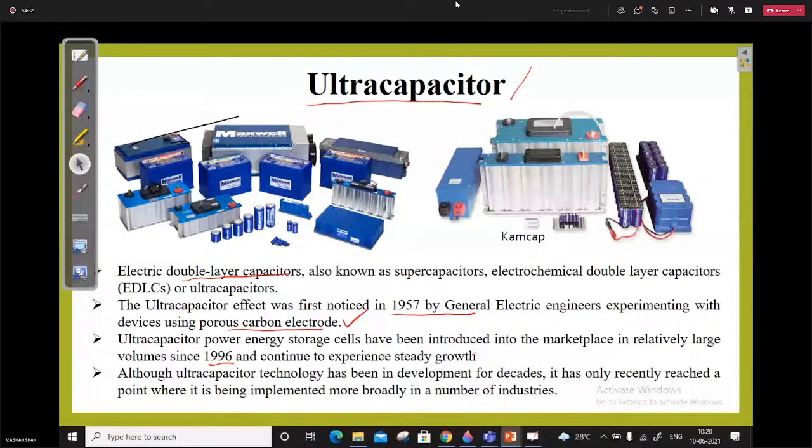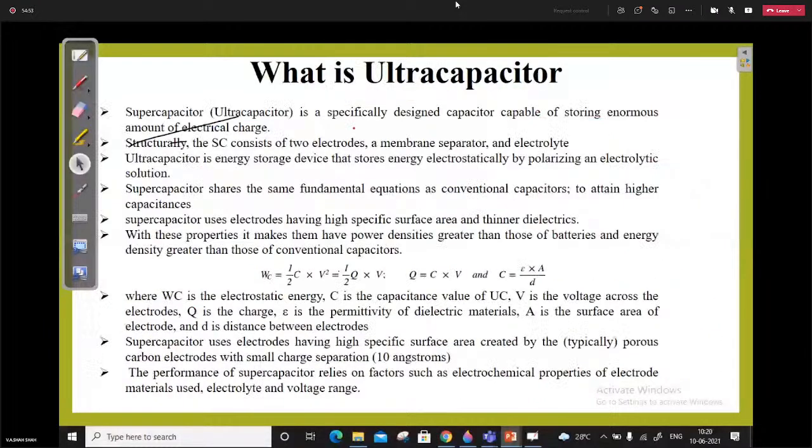Although supercapacitor technology has been developed for decades, it has only recently reached a point where it is being implemented more broadly in a number of industries, at different places.